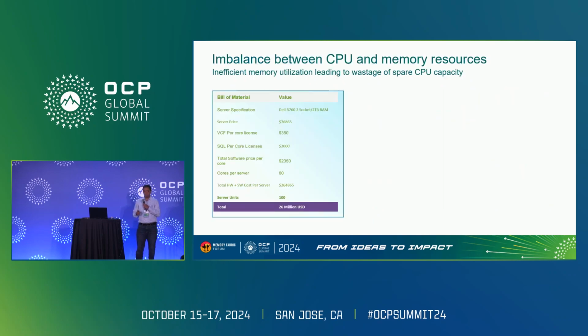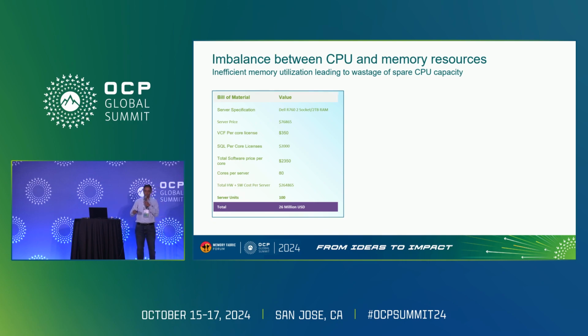Today, when we look at our customers, what we see is a typical problem with respect to CPU and memory imbalance. When customers deploy their systems, they provision their memory and right-size their infrastructure during the purchase time, and they size their VMs and calculate the consolidation ratios.